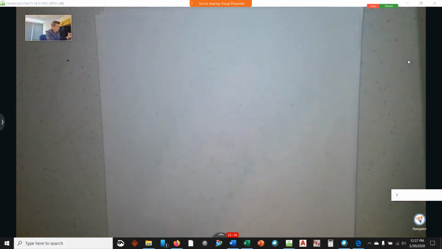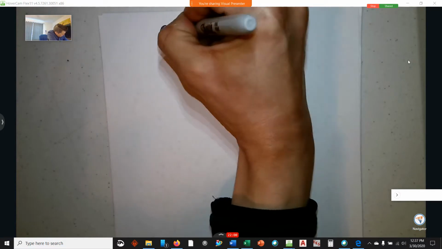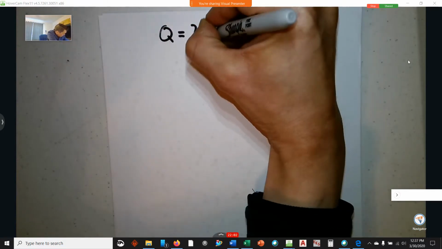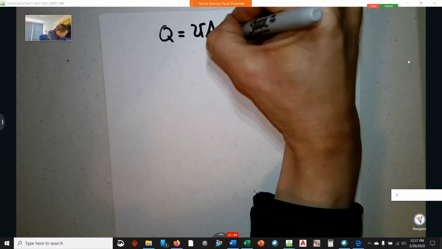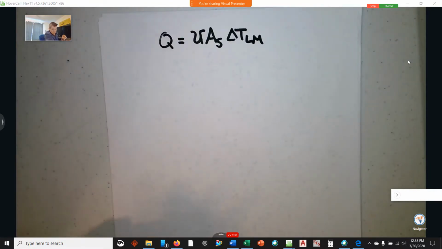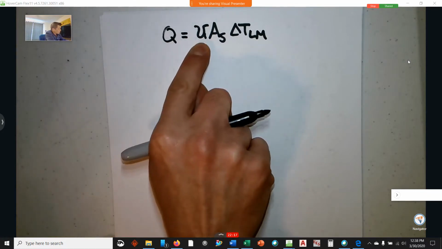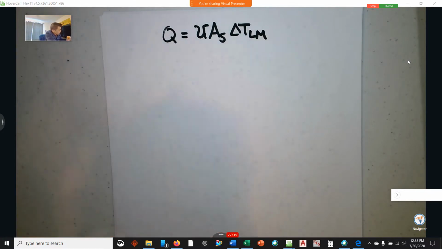Anyhow, so we have our overall design equation. Q is U A_s delta T log mean. And we can frame this in the context of a resistance network. This U we can write as, I'm going to break out of the notes for a second.